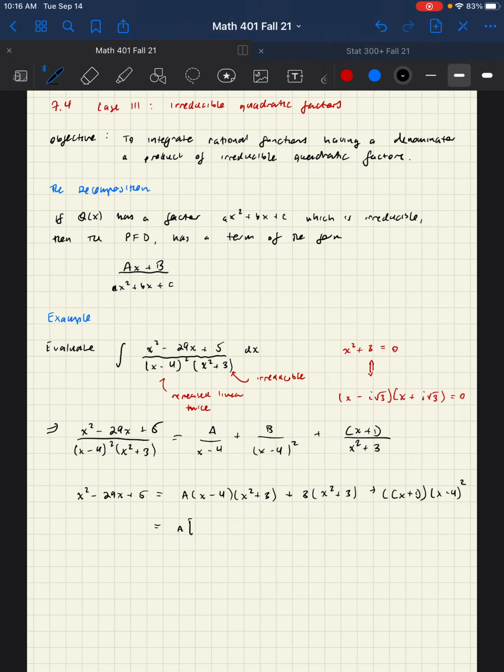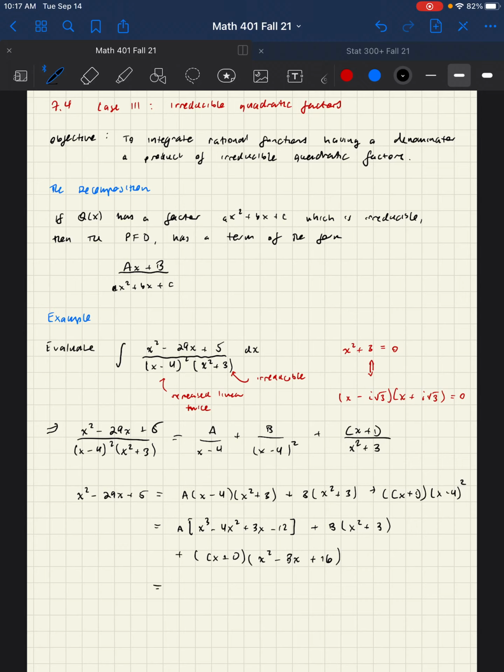So we have A times x cubed minus 4x squared plus 3x minus 12, plus B times x squared plus 3. I'm going to leave that alone for now. Plus, and I'm going to do this multiplication in 2 steps as well, Cx plus D times x squared minus 8x plus 16.